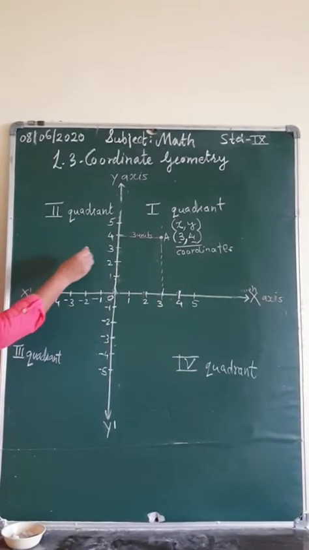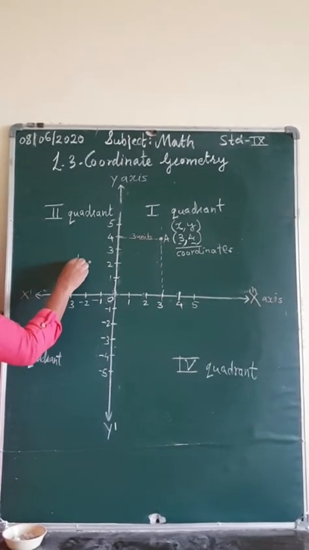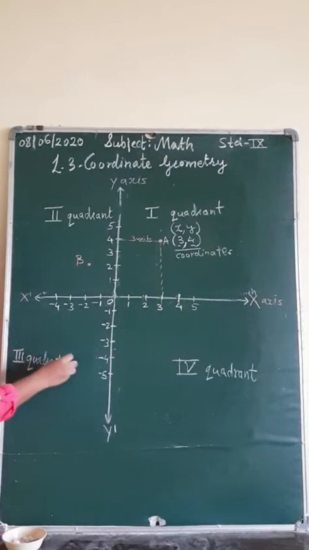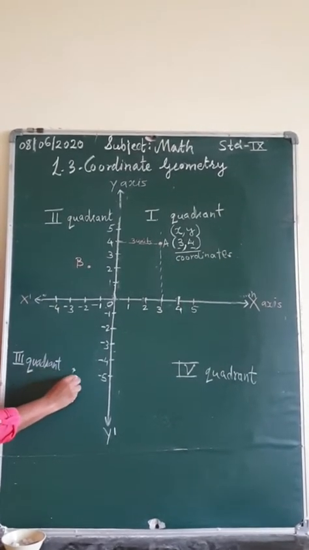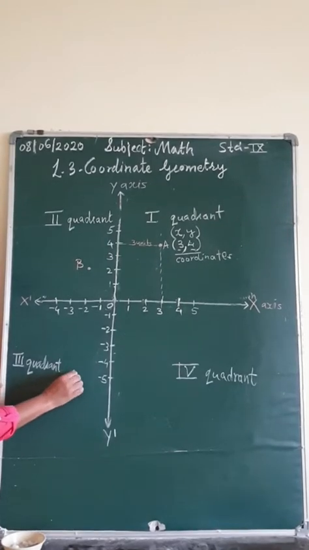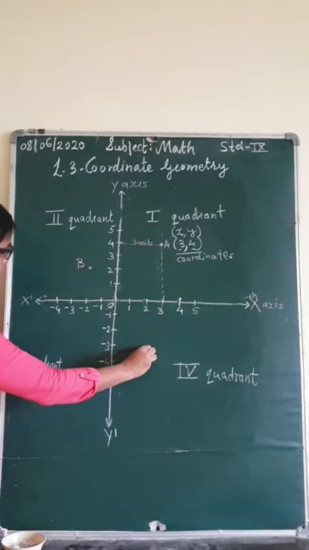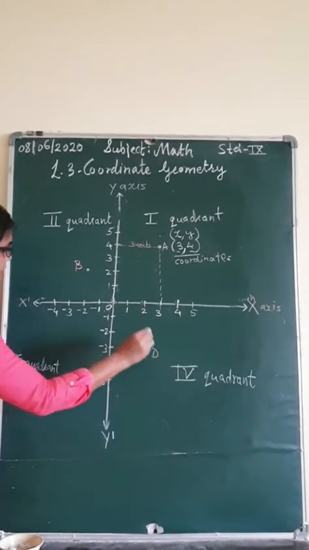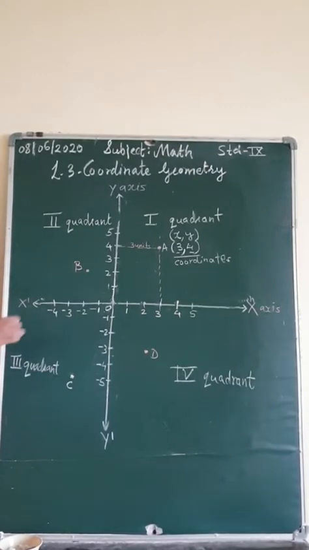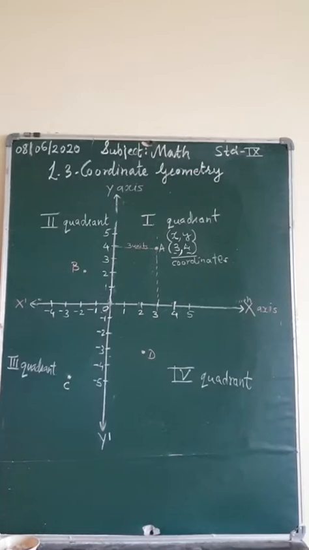Now if we have point B here, point C here, and point D here, and we are asked to write their positions in the form of their coordinates.